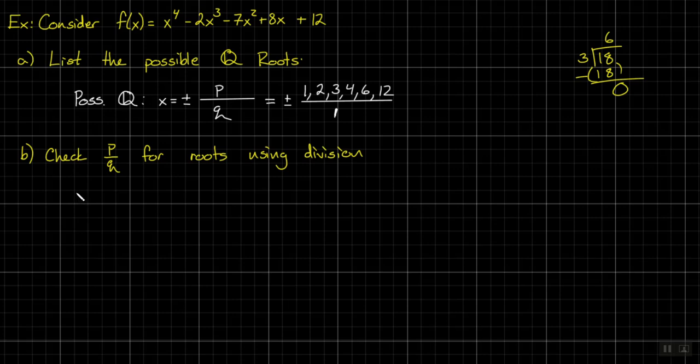Let's check 2. I'm going to do this one in white just so we can stay consistent. We're going to check if, and this is wordier than you'll ever write, x equals 2 is a root. Now, I am going to put an i.e. here, which is just the fancy Latin version of in other words. And this is a big connection that we started class with yesterday. If x equals 2 is a root, can you tell me the factor?